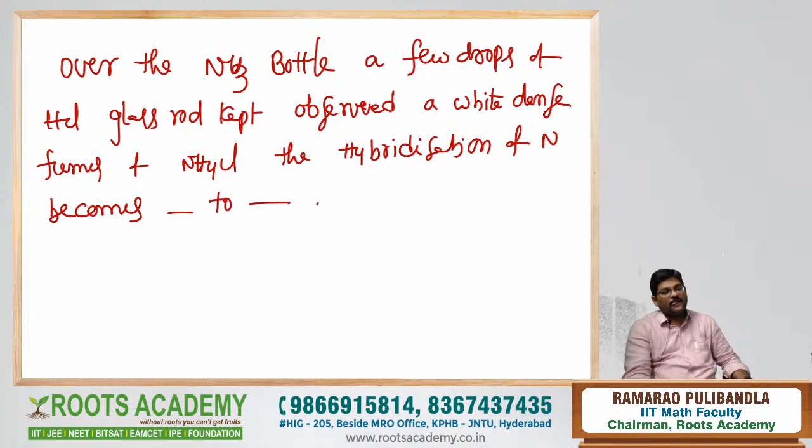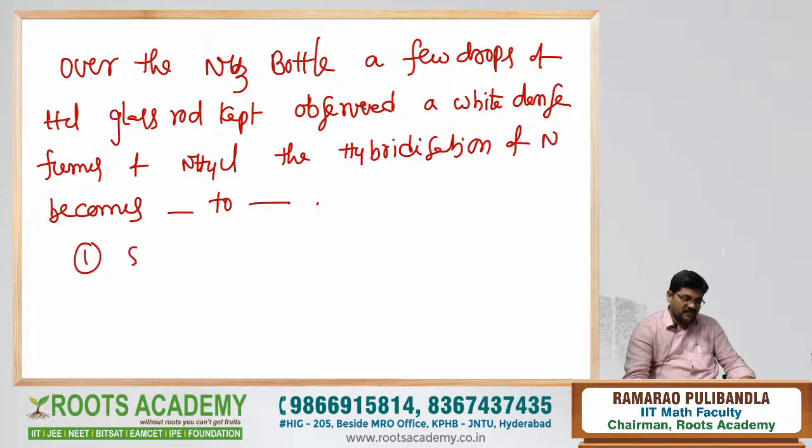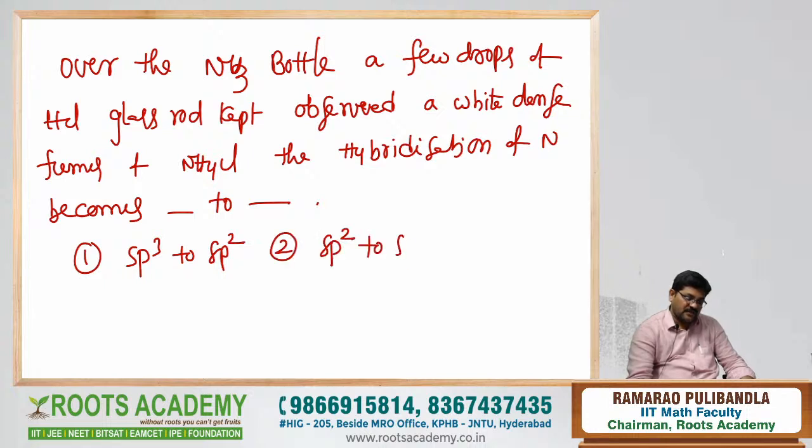Repeating the question once again. Over the ammonia bottle, ammonia is a Lewis base. A few drops of HCl on a glass rod are kept, and a white dense fume of ammonium chloride is observed. The hybridization of nitrogen changes from dash to dash. First option, sp3 to sp2. Second option, sp2 to sp3.